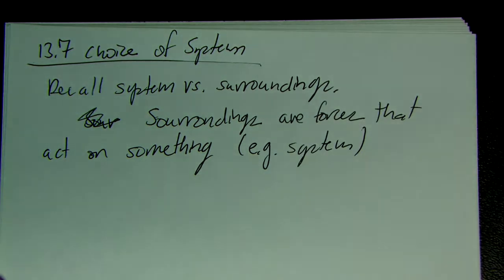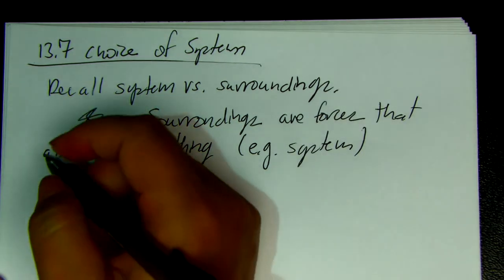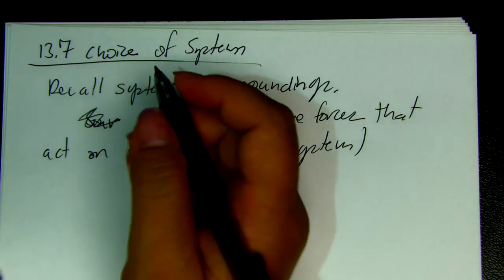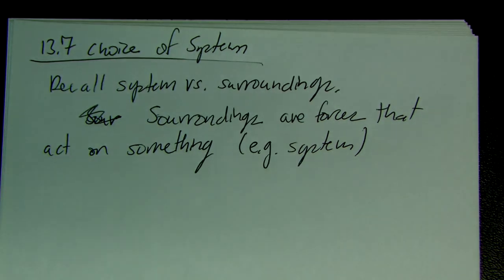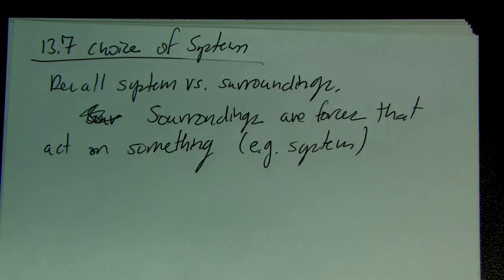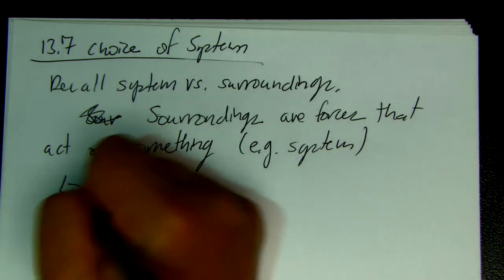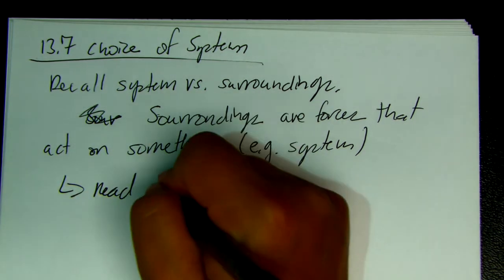So is it bringing the force or is it being forced on? And this, as you've already seen, really comes back in Physics 2, where we've had to be very clear about, is this a charge that's contributing to the electric field, or is this a charge that the electric field is being forced on? So make sure you read your problems carefully.